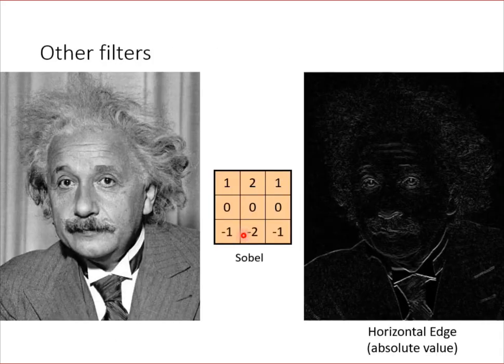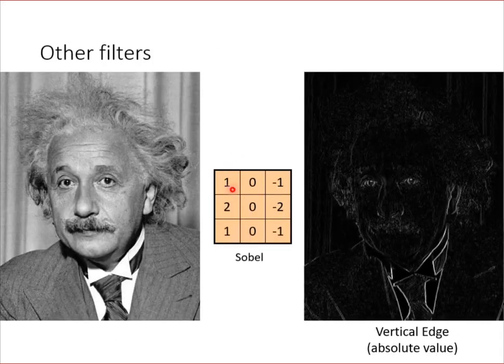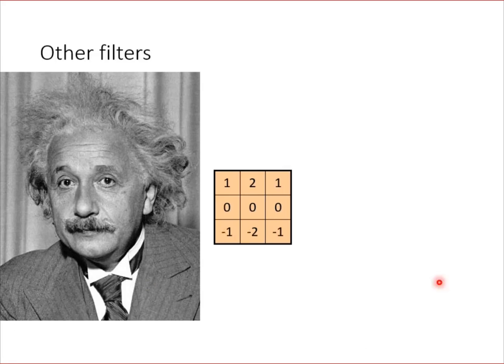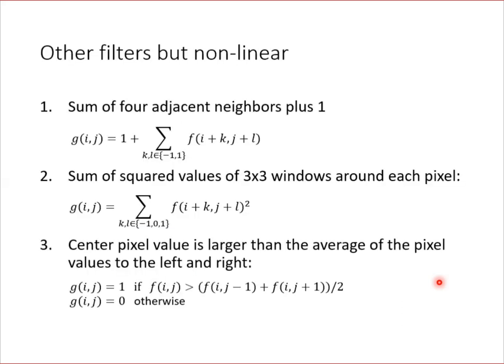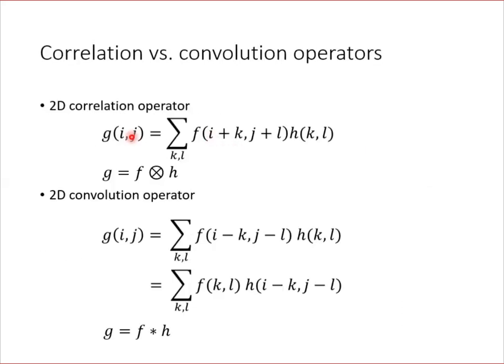So in this case, you use the left pixel or the right pixel to calculate the filtered value. The left or right. So in this case, you are using the correlation operator.